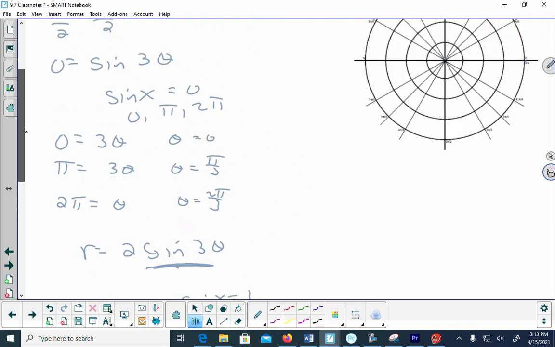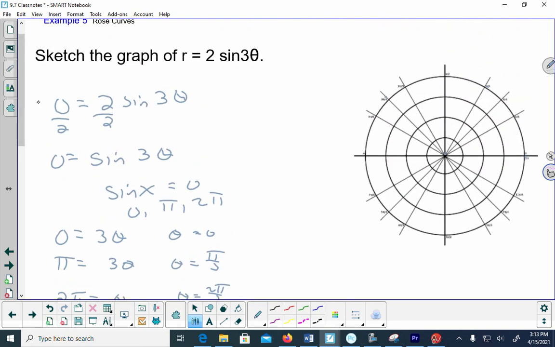So I'm going to graph that. So pi over 6, 1, 2. I remember that sine is reflective over the line theta is equal to pi over 2, so I can map out the other one over here. So I have 2. I know 3 theta. This is my n. n is odd, which means that there are 3 petals.